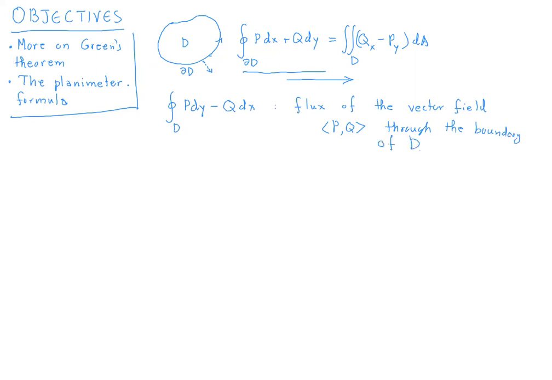And now the interesting thing is that we can still apply Green's theorem. We just have to be careful with the roles that each of these functions plays. Our role P would have been what is sitting right here. So this is the old P referenced in Green's theorem.